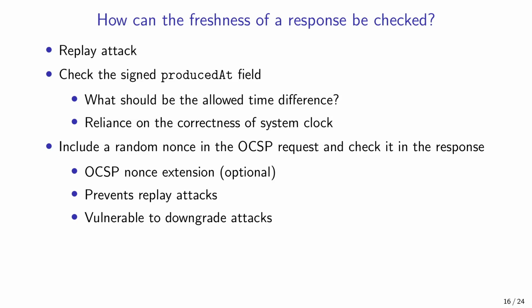A smart way in which it could be solved for the OCSP protocol would be to include some flag in each signed OCSP response, which would signal to the client that the server supports the nonce extension. Then, if the client sees this flag, but there is no nonce extension in the response, the downgrade attack can be detected.